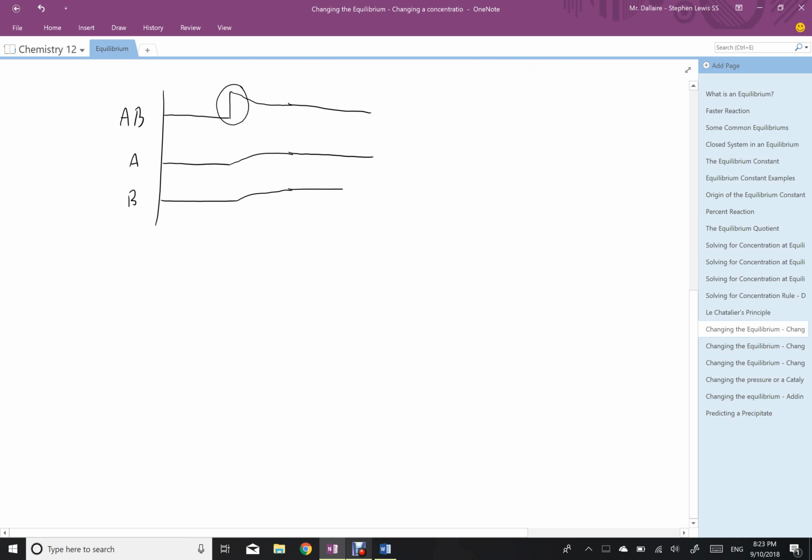We can also just imagine this from a K perspective. Let's say I had my products and my reactants in equilibrium. So let's say this is, I don't know, x over y. And then I add a bunch more products, so all of a sudden this goes up to 2x over y. Well, now the ratio is going to be 2 times larger. This would be a Q now, not a K, because it's not at equilibrium.